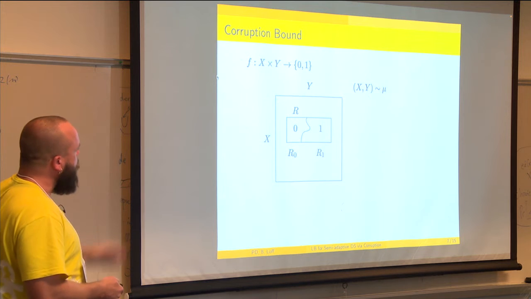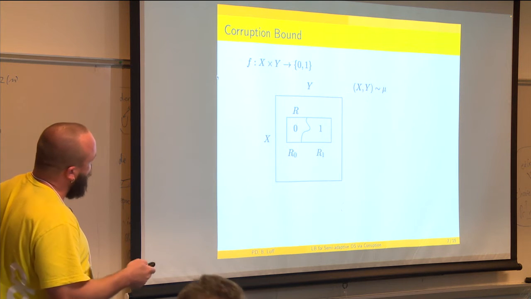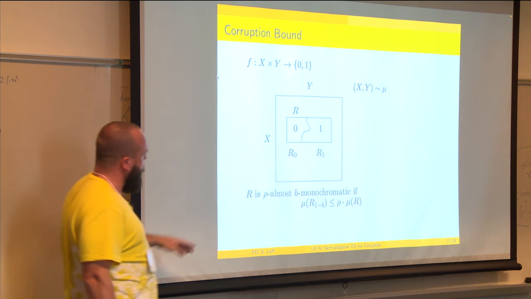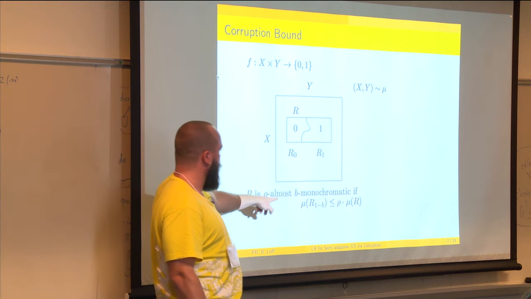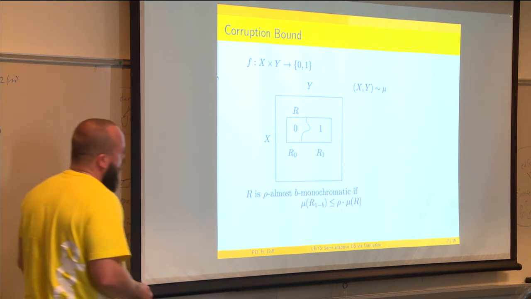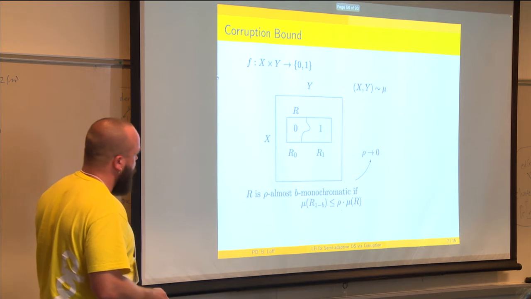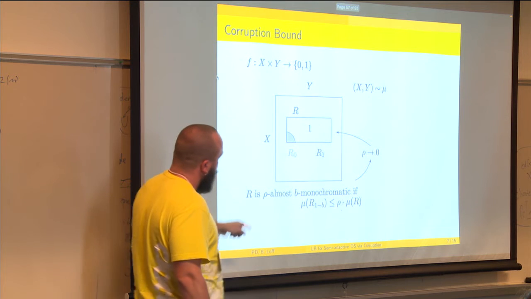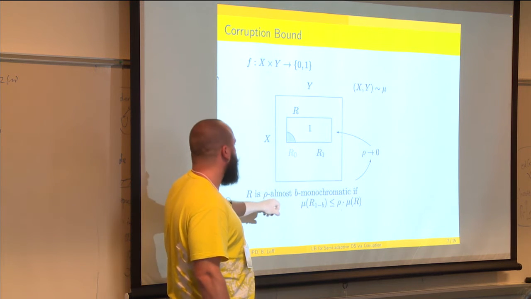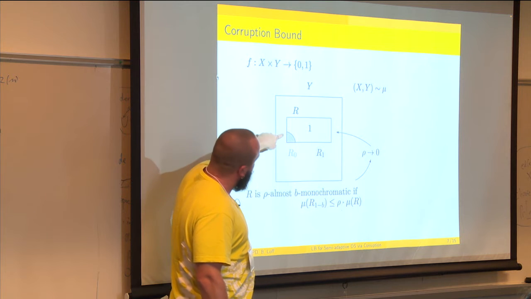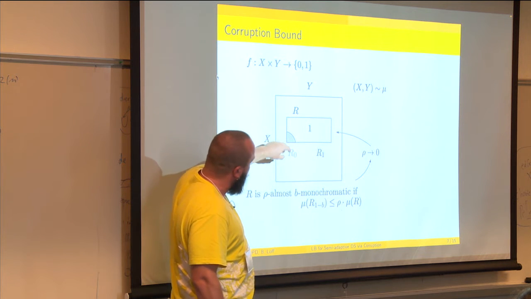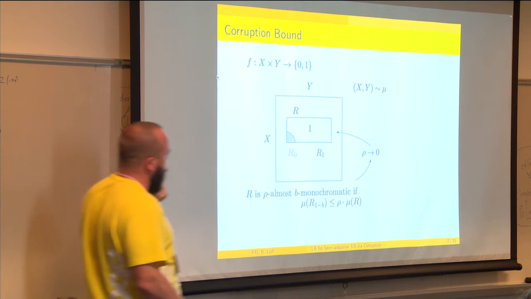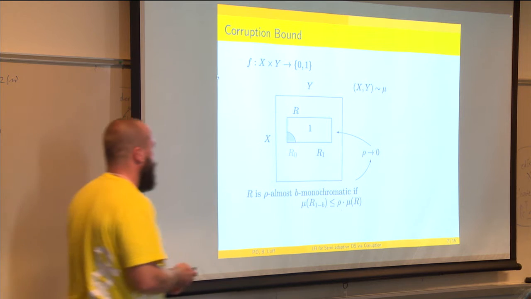And we also fix some distribution on the inputs. We say that the rectangle R is rho-almost b-monochromatic, where rho is some small constant, if, say b is 1, the zero part is really small relative to the size of the rectangle, where we measure the size by the distribution we are interested in.